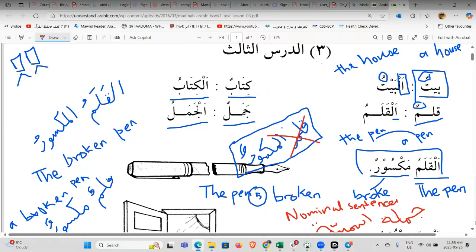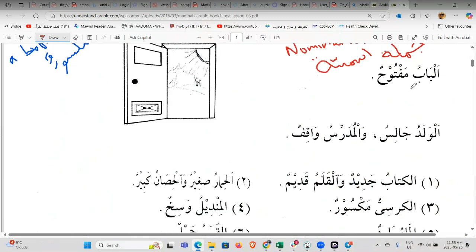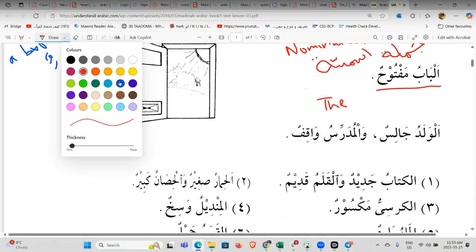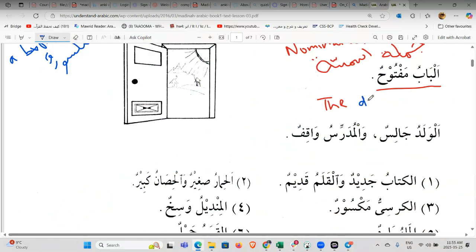Let's see. So here's another example. Al-babu maftuhun. The door is open. The door, which is this word, the door is open.